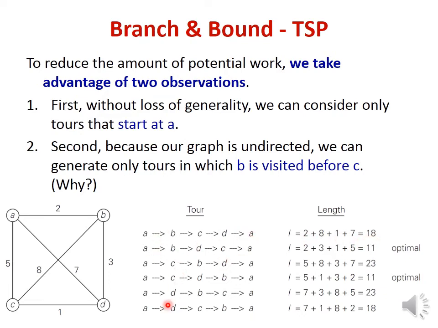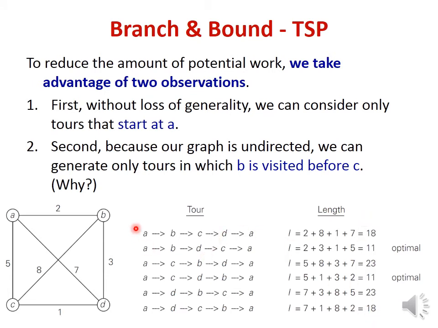Similarly, the reverse, A, D, C, B, A, is also 18. Overall there are 6 solutions possible if you start with A. Among them, 2 pairs give the same solution, only the path is reversed. So 1 and 6 are the same, 2 and 4 are the same, 3 and 5 are the same. Only the path is reversed; the length is the same.